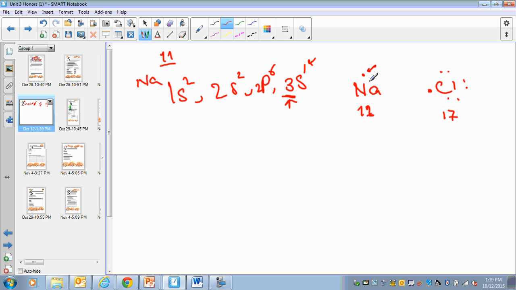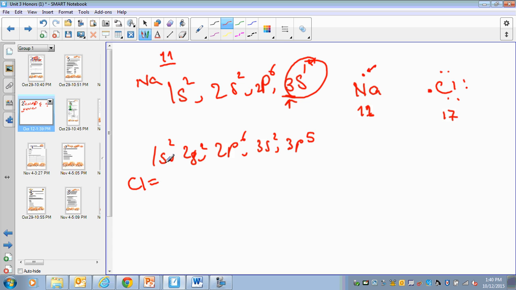So sodium has only 1 out of 11 that is sitting outside in the outermost energy level, and chlorine has 7. So 1s2, 2s2, 2p6, 3s2, 3p5. This is the electronic configuration for chlorine. So chlorine has 17 electrons, and out of 17, the outermost energy level is 3, and it has 7 valence electrons. So these are the electrons that are involved in bonding.